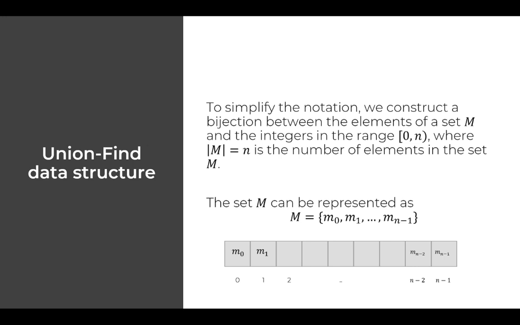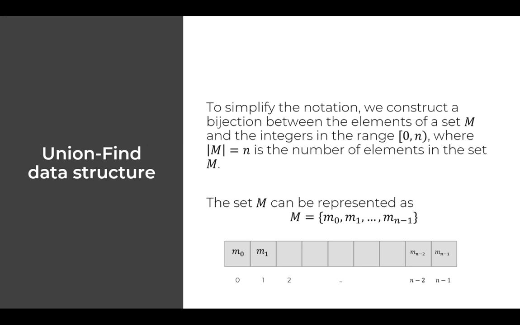To simplify the notation, we construct a bijection between the elements of the set M and the integers in the range 0 to n excluded, where the size of M, or the number of elements of M, is equal to n. In that case, I can represent the set M as the set containing the elements M0, M1 to Mn minus 1.